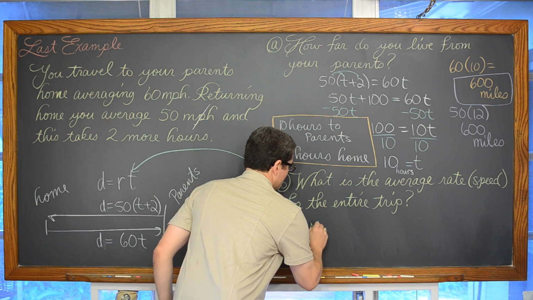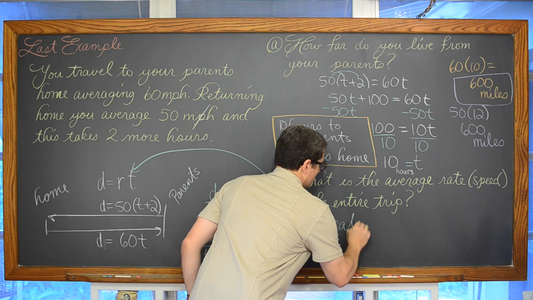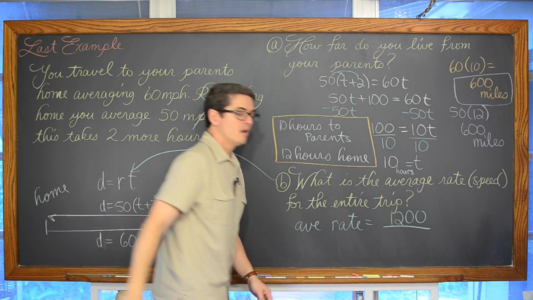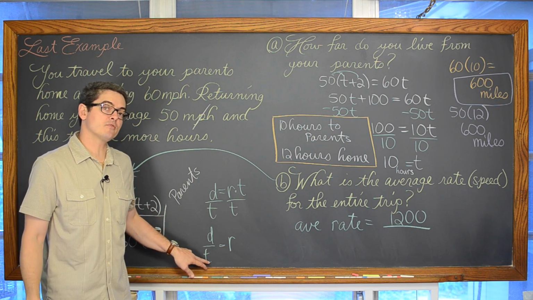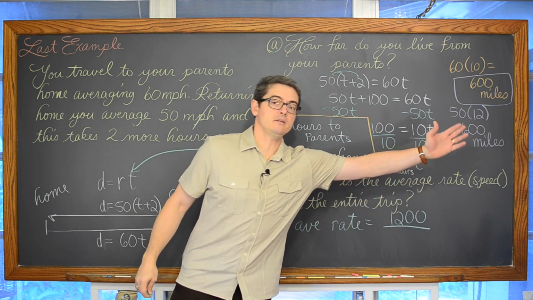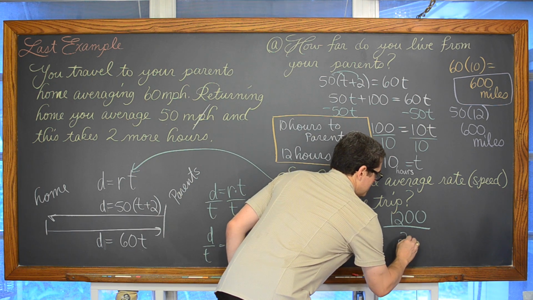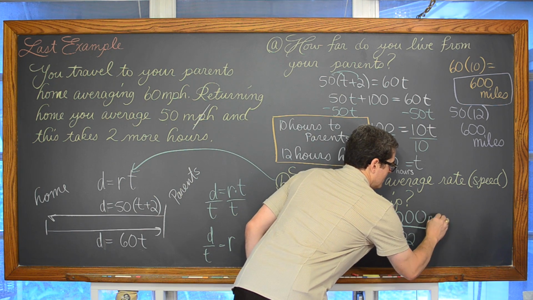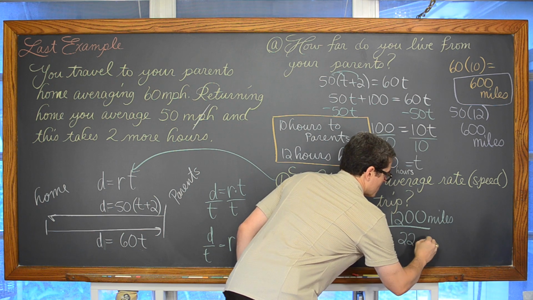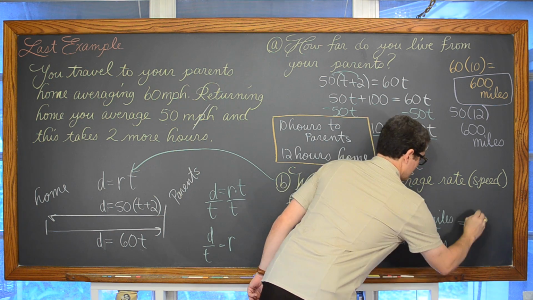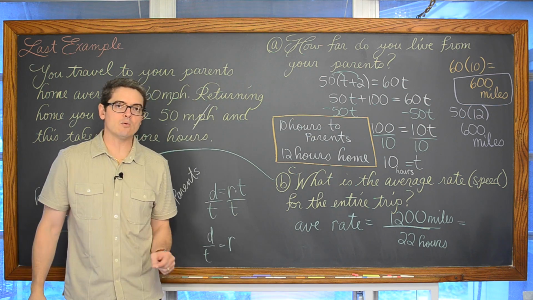So our average rate is 1,200 over our total time for the average. Well, our time there was 10 and our time back was 12. So that's going to be 22. So we have 1,200 miles and a total of 22 hours.